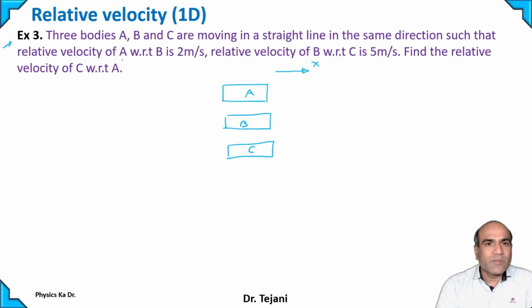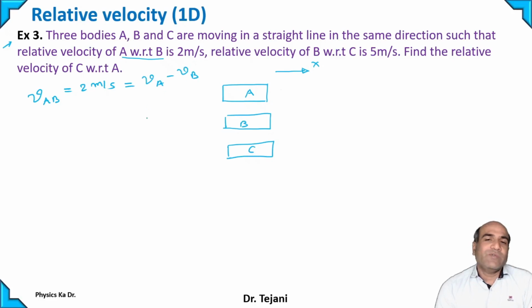Relative velocity of A with respect to B. What is the meaning of this? So that means VAB, first letter A, second letter B, is equal to 2 meter per second. And can we write VAB is equal to VA minus VB? Of course we can. Yes or no? We can.